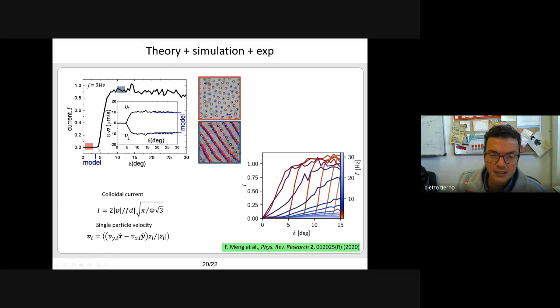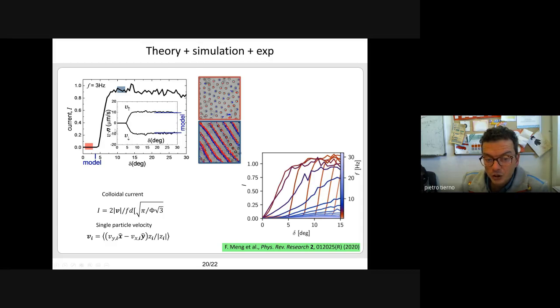But above a certain critical value that can be estimated by this model, we can measure a net current. Of course, since the current is bidirectional, one has to take the absolute value of the speed to get an intensity value. Here E is 2 multiplied by the absolute value of the speed, divided by the frequency, the size of the particles, and the square root of this packing fraction.